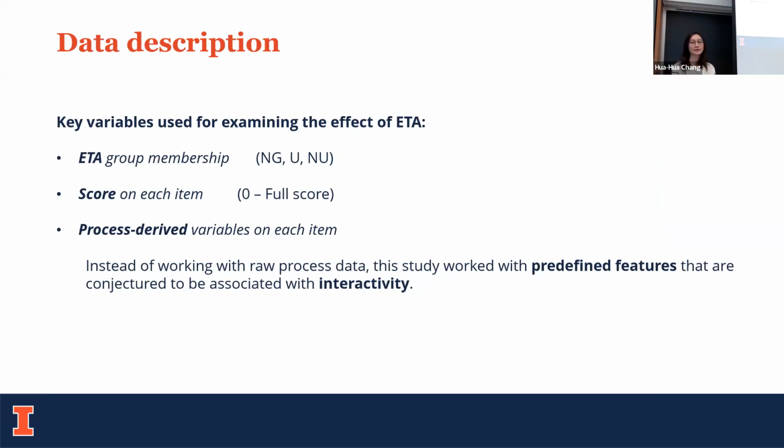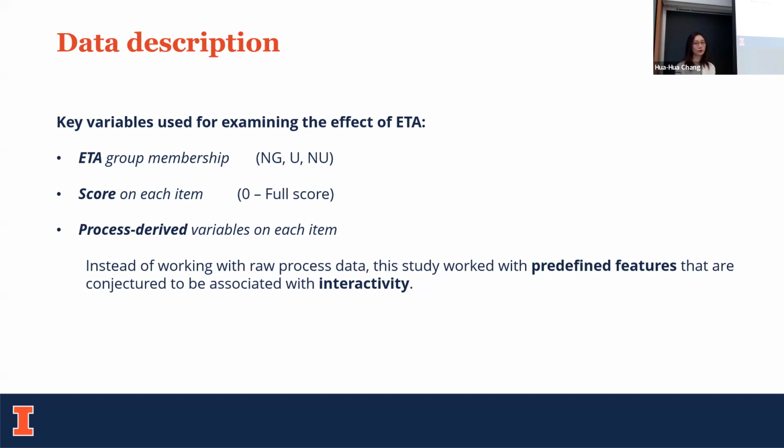For the following analysis, we'll try to understand the effect of extended time accommodation on student behavior and their outcomes. So there are a few key variables we use for examining this effect. The first is ETA group membership. Out of the LD students, we classify them into three groups, right? Not granted ETA, granted and used, and granted not used. We analyzed the score on each question, which ranges from 0 to whatever the full score on the question is.